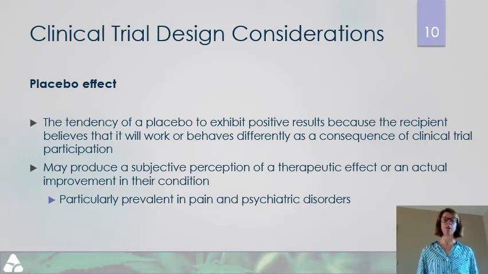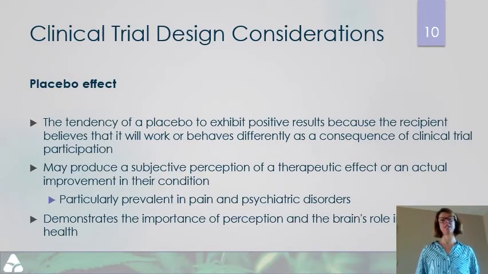although it is known that conditions that involve the central nervous system, pain conditions and psychiatric disorders are very susceptible to the placebo effect because there must be a psychological component to it. So you get quite significant improvements in patients with these disorders, even with placebo.